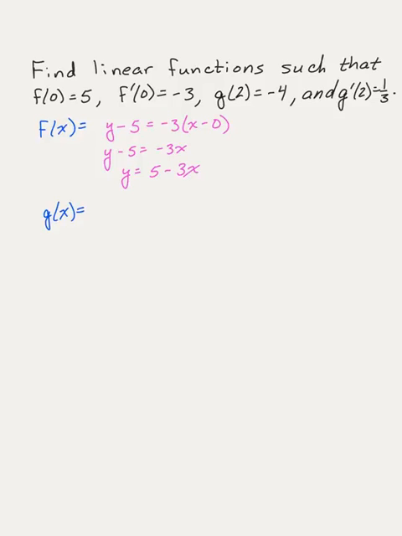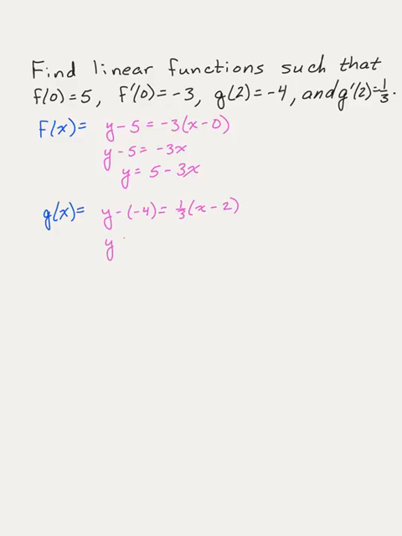And I did put it in this particular order for a reason that we'll see a little bit later on. So in the next function, we know that g of 2 is negative 4. So we're going to have y minus negative 4 is equal to the derivative, which is 1/3, times x minus 2.